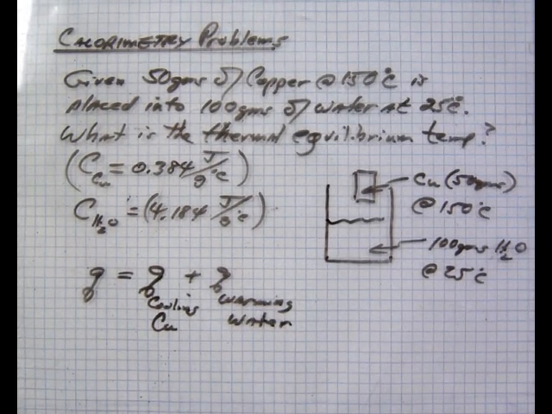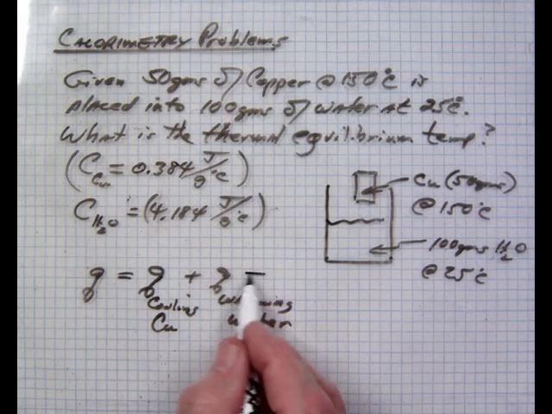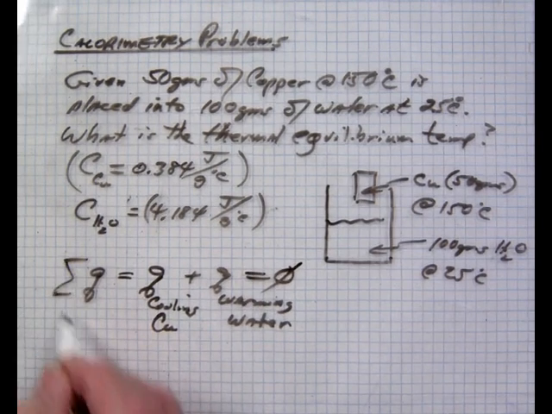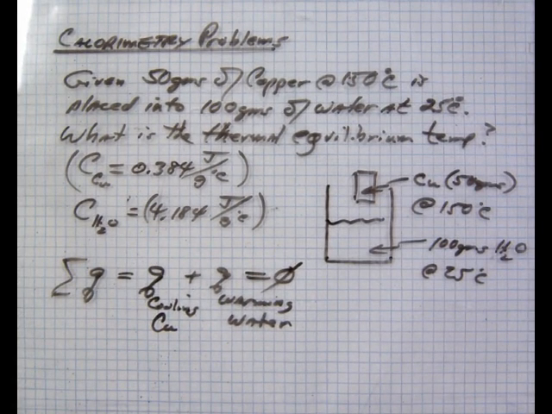Because the first law of thermodynamics says that energy is neither created nor destroyed, the sum of all your Q values is equal to 0.